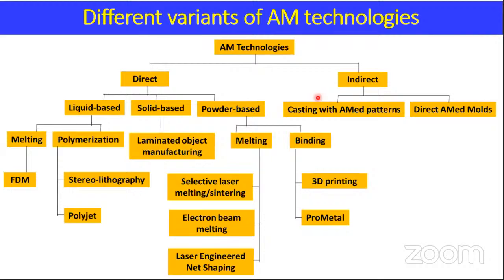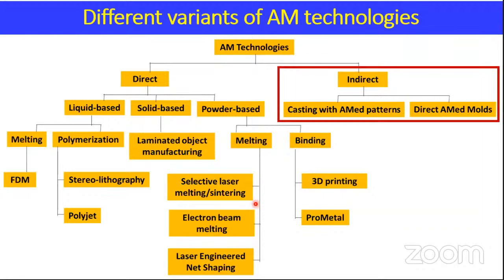And again, this AM technology can also be broadly classified under direct AM technologies and indirect. And whatever we saw in the previous slide, according to ASTM designations, the liquid based, solid based, and powder based, we have in fact variant types of AM technology which have evolved.